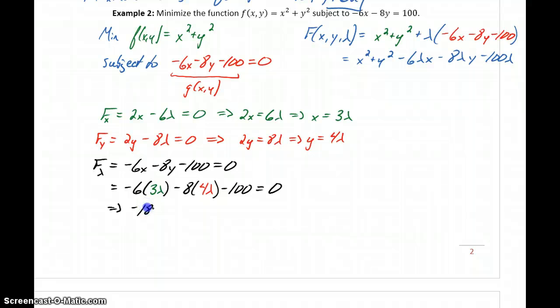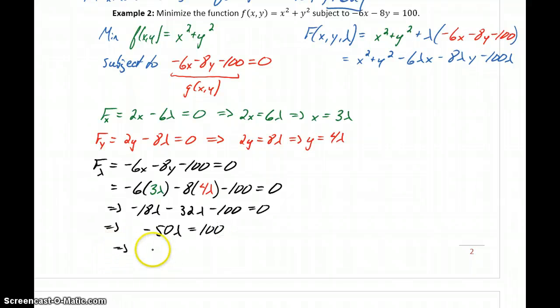So this gives us negative 18 lambda minus 32 lambda minus 100. Combining our like terms, we get negative 50 lambda, and then adding the 100 to the other side, we get equals 100. So in this case, we get lambda equals negative 2.